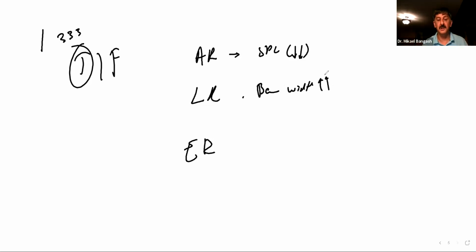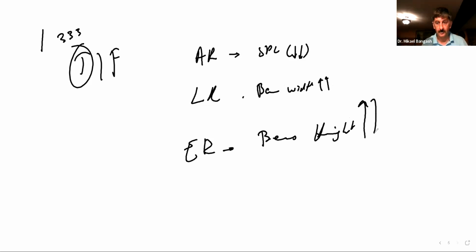And in most transducers the beam's height is going to be the highest, which leads to the numerical values of each of these. The lowest numerical value is the best resolution.